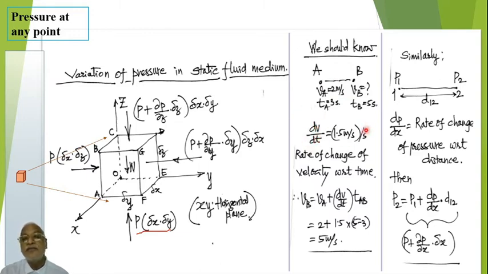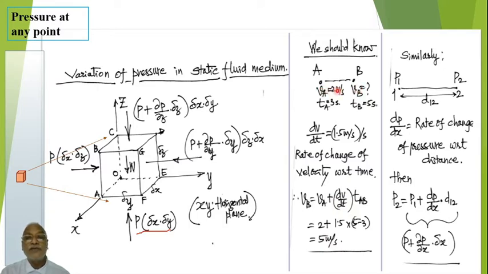Let us say the value of that is 1.5 meters per second, velocity per unit time. So the rate of change of velocity with respect to time, we call acceleration. With this rate of change of velocity, what would be the velocity at point B? Velocity at point B is velocity at point A plus the time multiplied by the rate of change of velocity. So overall it gives you 5 meters per second at the end of 5 seconds.